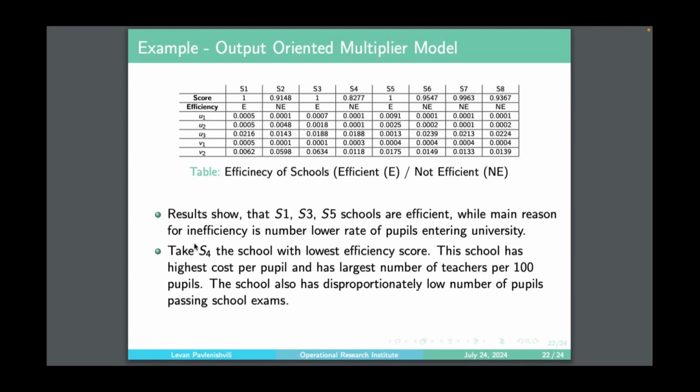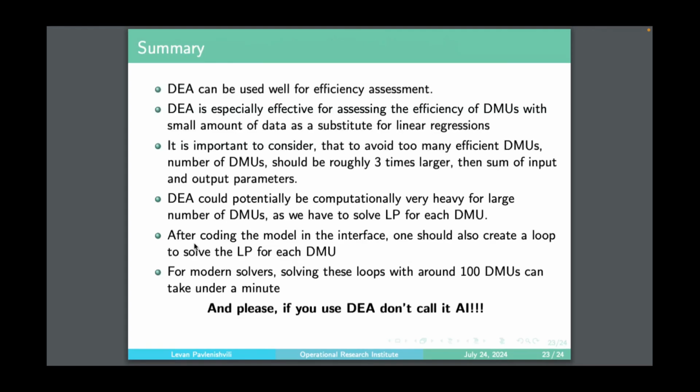If you have a small amount of data, again, you can use DEA instead of just running a linear regression. One important limitation with DEA is that if you have a number of decision-making units which is 3 times less than the sum of inputs and outputs, you might have too many decision-making units with perfect efficiency, which is this case actually, because I have 5 units.